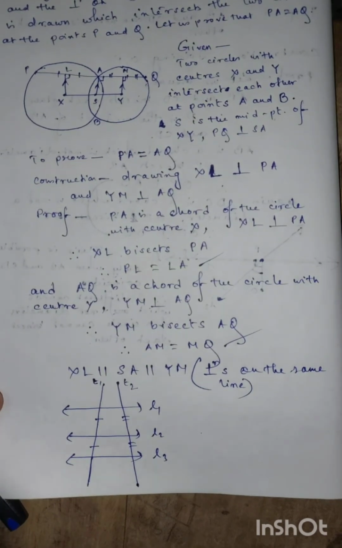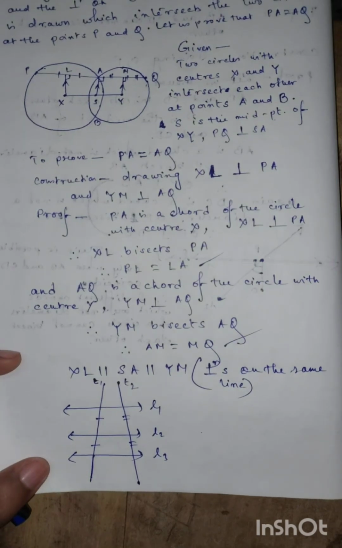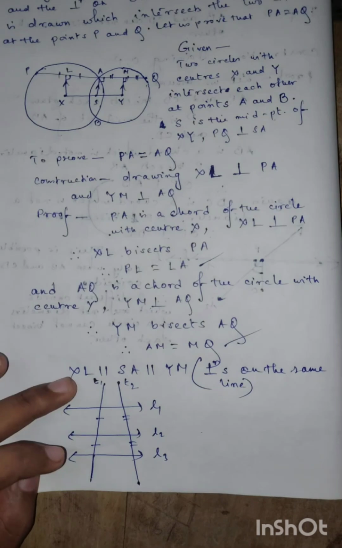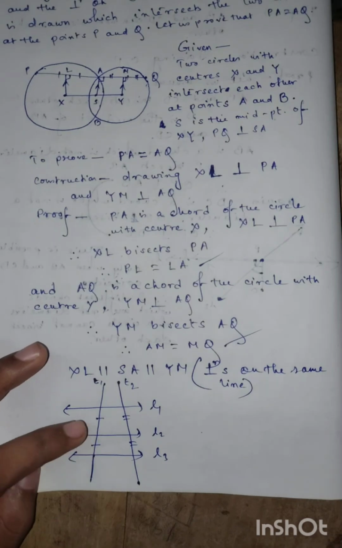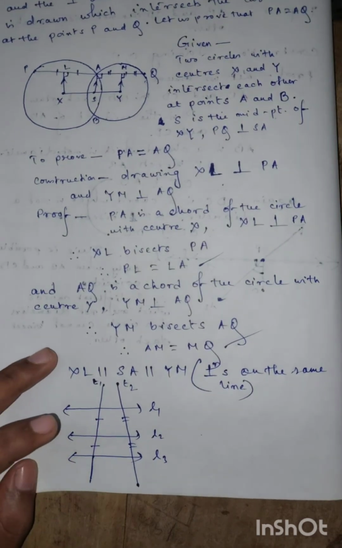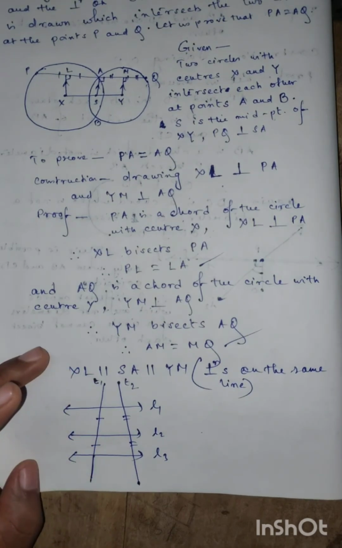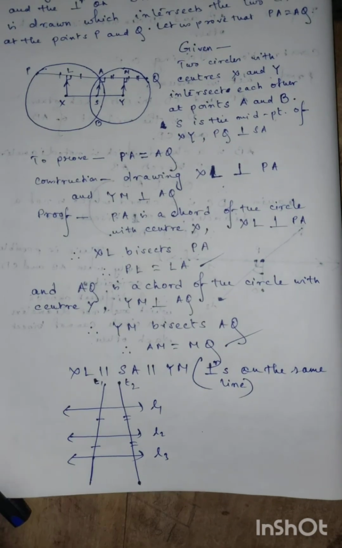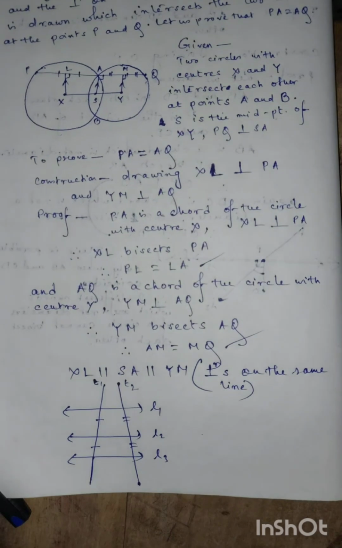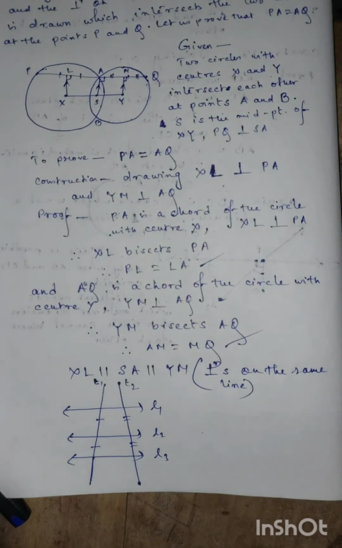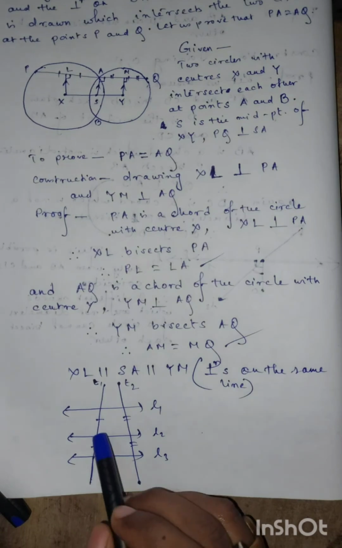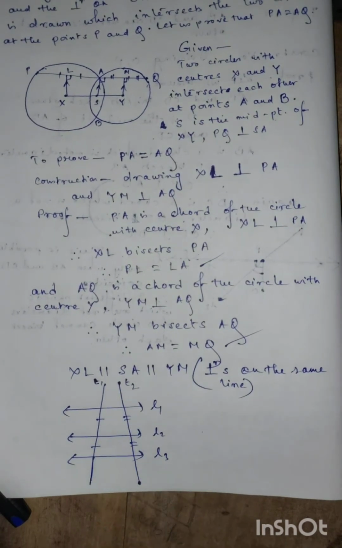We have done this theorem before. When three parallel lines are cut by two different transversals, and a transversal creates equal segments, then the other transversal will also create equal segments.